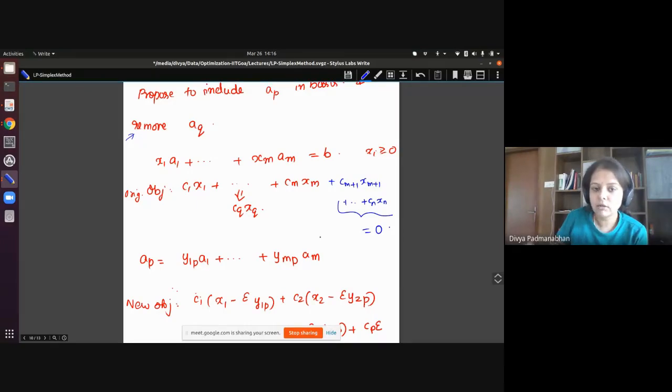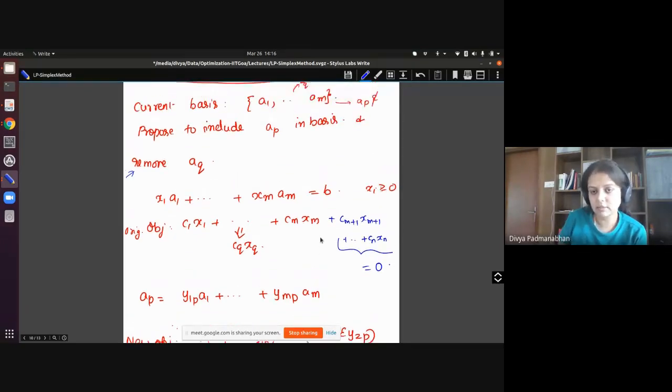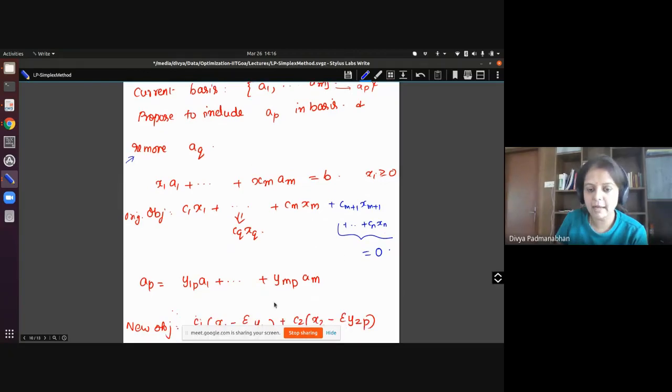Now if you look at this AP, which is the new element that you want to include, every other non-basic vector that you have can be written as a linear combination of A1 to AM, because this is a basis.